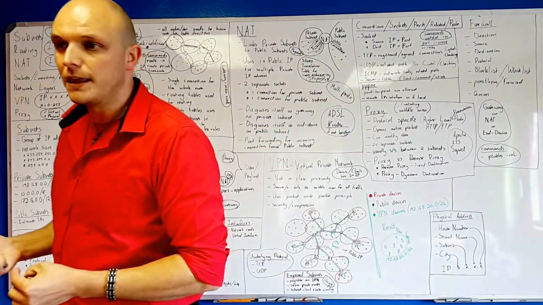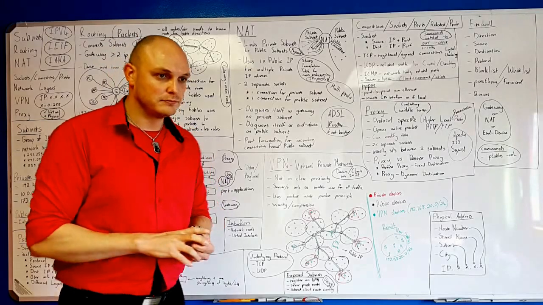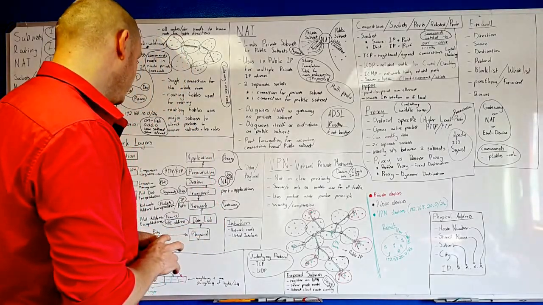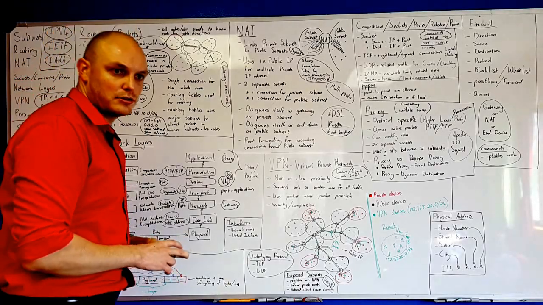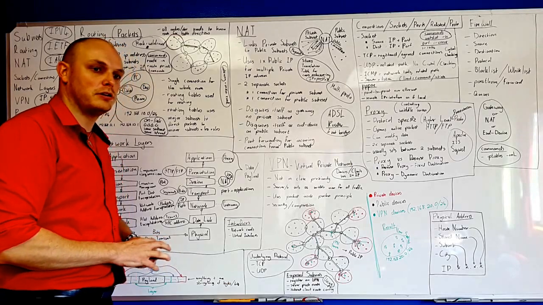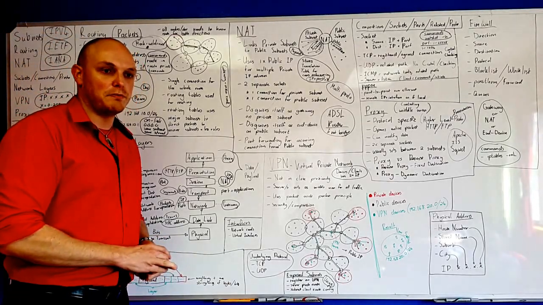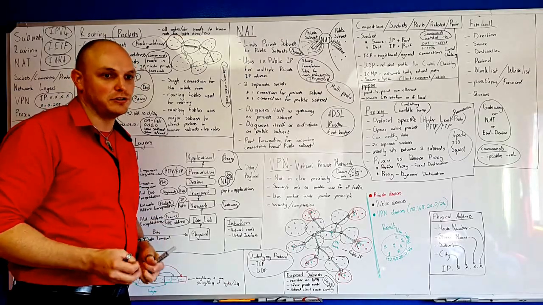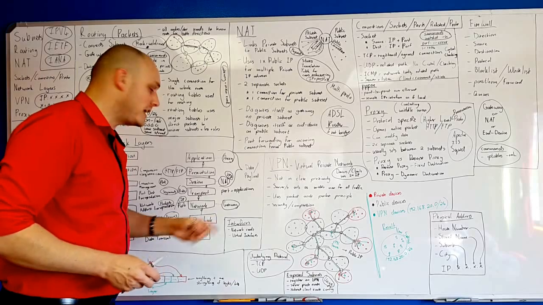Any other questions? I noticed that you put proxy there as part of the application. Yes, that's what a proxy functions on. A proxy would open up everything up to the application. A proxy typically listens on a port. It's different to a NAT and a gateway. A gateway doesn't listen on a port.